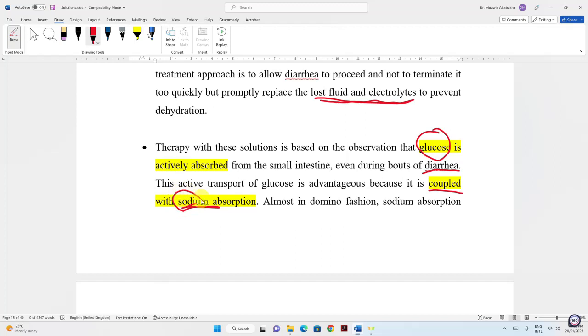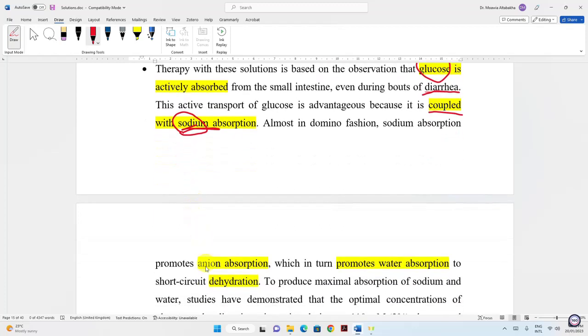And if sodium goes with glucose, sodium is a cation, then you cannot have only a cation going from one side to another. You will need an anion absorption. So automatically you will have sodium, for example, let's say for the argument, sodium citrate or sodium chloride getting absorbed. If sodium chloride gets absorbed, then water must accompany that.